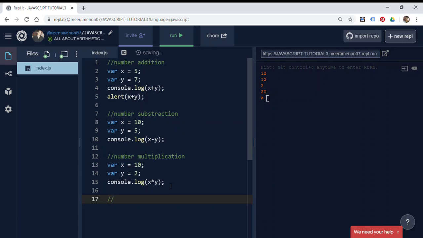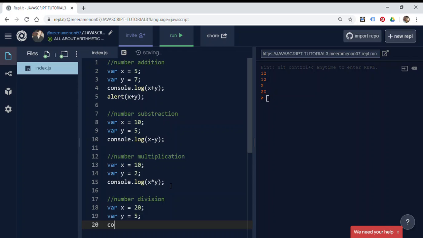It's quite easy. Then number division. Okay, variable x equal to, let's say, 20. Variable y, let's say, equal to 5.